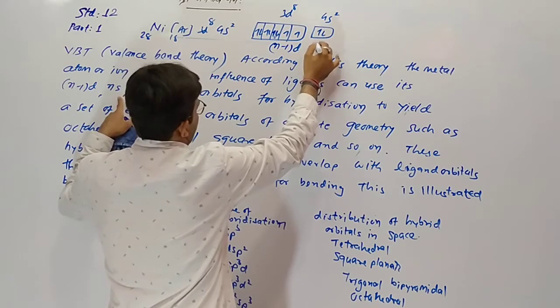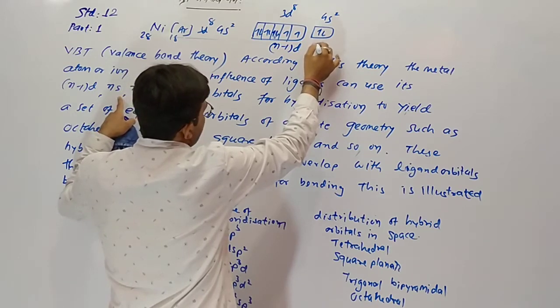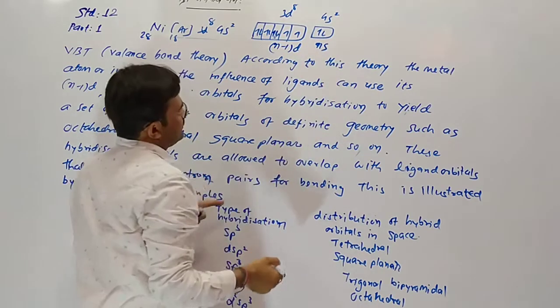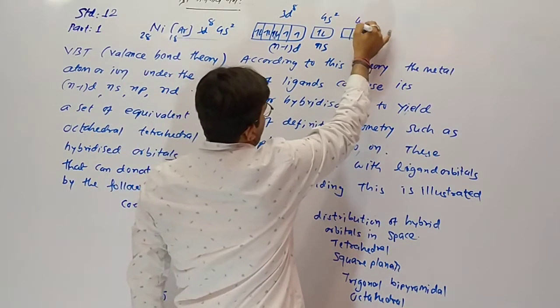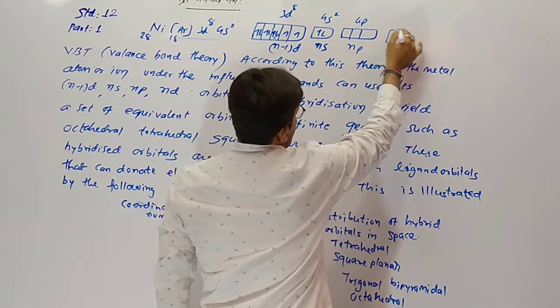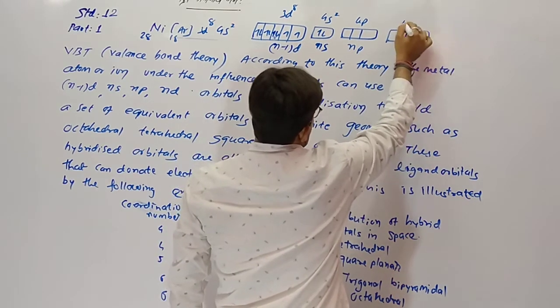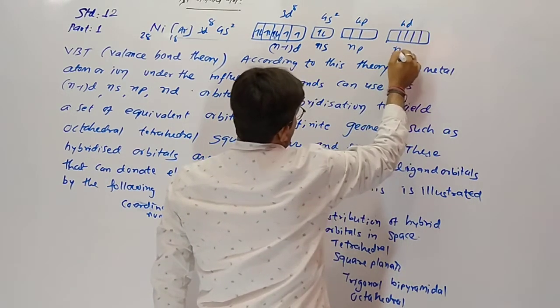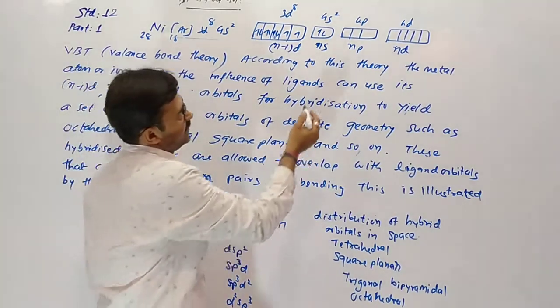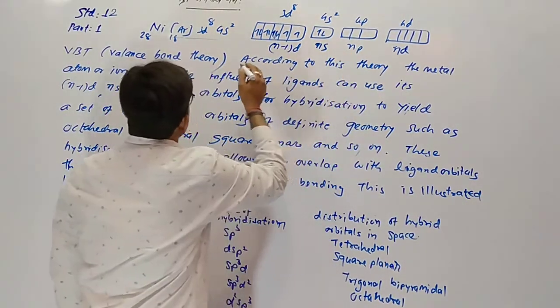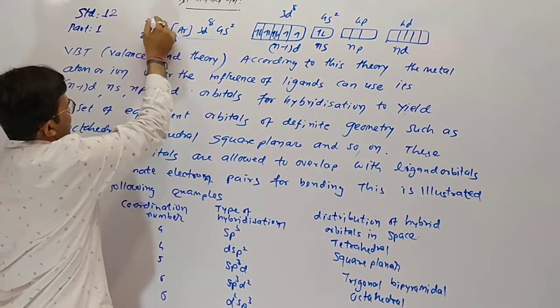This one is ns, 4s. Here the empty one is 4p, so np. 4d is also vacant. So here are empty orbitals. Suppose nickel loses 2 electrons.